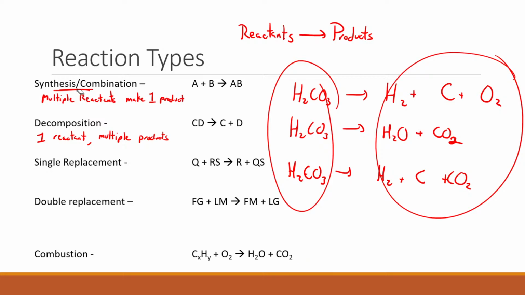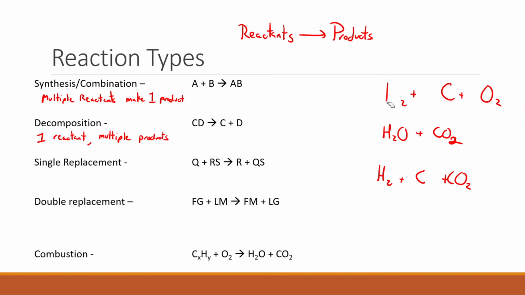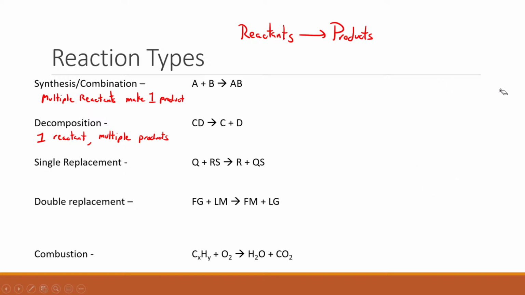These are the 2 easiest types of reactions to identify because you can just look at the numbers of reactants and products and know immediately if you have decomposition or synthesis. Single replacement is a little bit trickier. We can't just look at the pattern, we have to also look at what's going on inside the reaction. And like I said before, you're going to get an element replacing a different element in a compound.